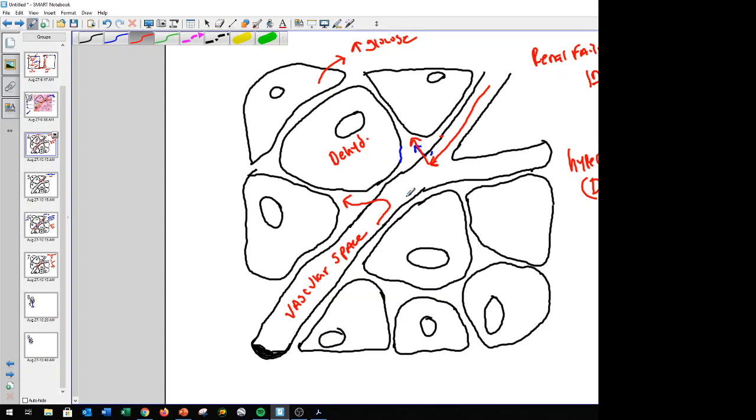Now, there's problems with this. Because of that shift of fluid from the intravascular space to the cells, if it happens too fast, it can cause cardiac collapse.